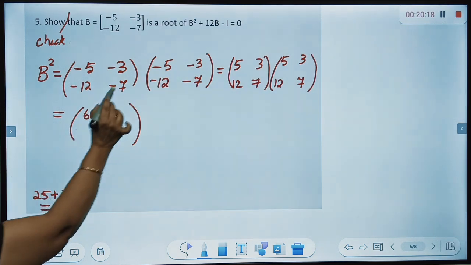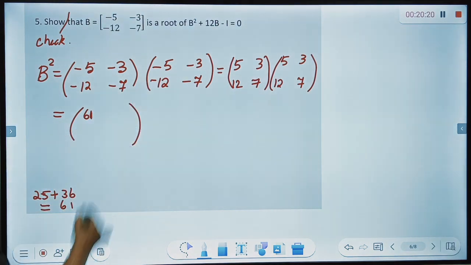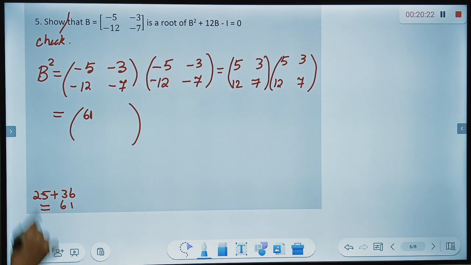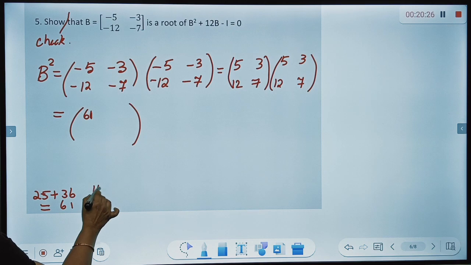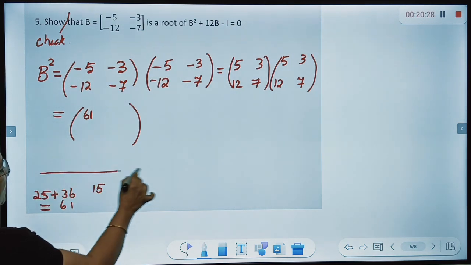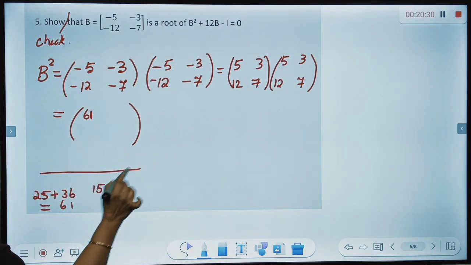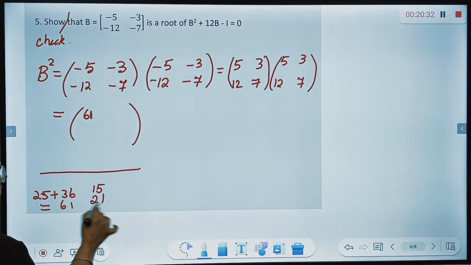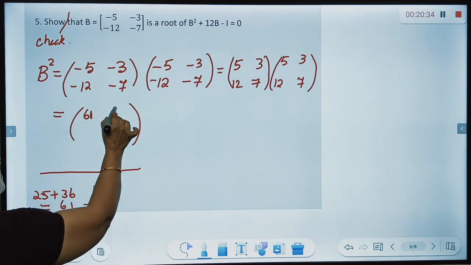So now 5 into 5, 25 plus 36, which is 61. Then first row, second column: 5 into 3, 15, plus 3 into 7, 21, which is 36.